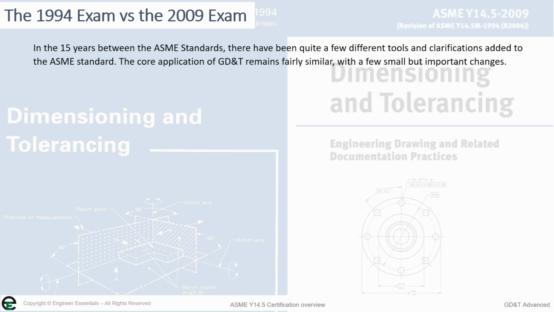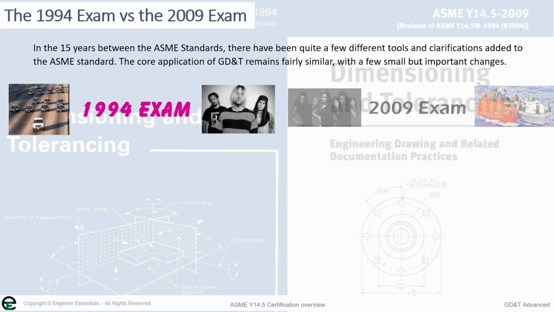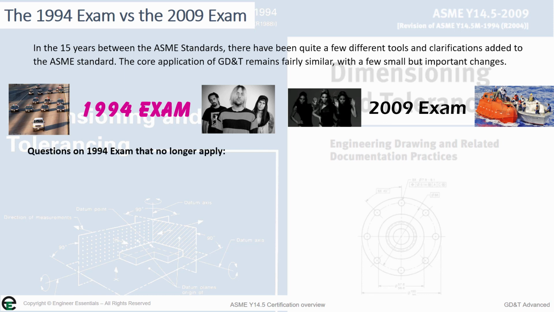In the 15 years between ASME standards, there have been quite a few different tools and clarifications added to the ASME standard. The core application of GD&T remains fairly similar, with a few small but important changes. Here are some questions that were on the 1994 exam but are no longer applied.